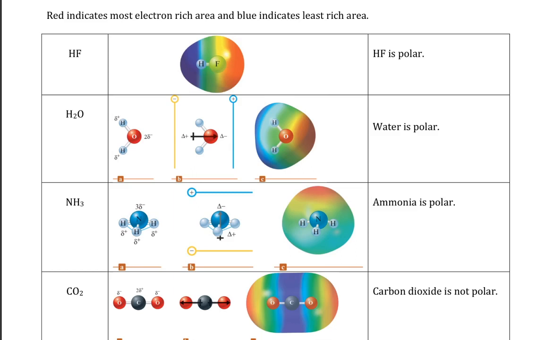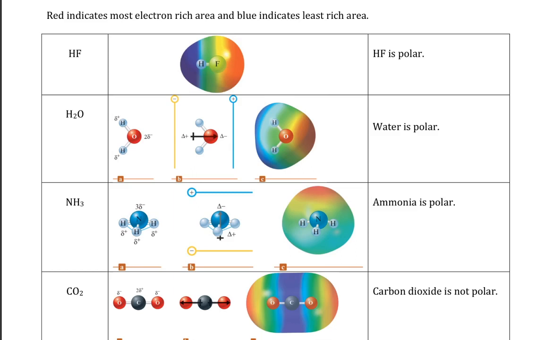HF is polar. There's water. The hydrogen's partial positive, the oxygen partial negative. So the oxygen would be the red side, the hydrogen the blue side. Water is polar. And we see that shown in that middle diagram where we have partial positive. It's not shown as the usual small case delta, it's shown as a large case delta.